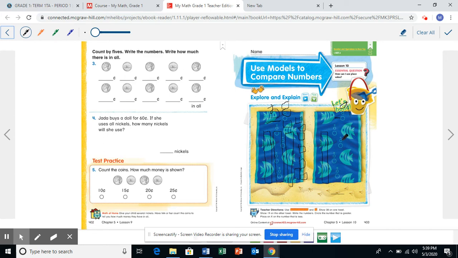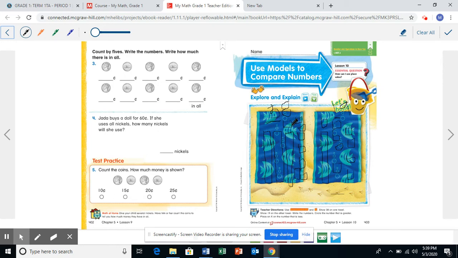But I have 9 cubes by itself. 1, 2, 3, 4, 5, 6, 7, 8, 9.